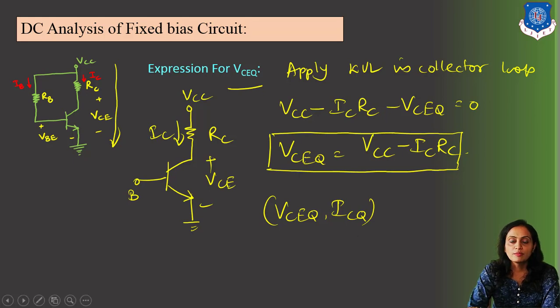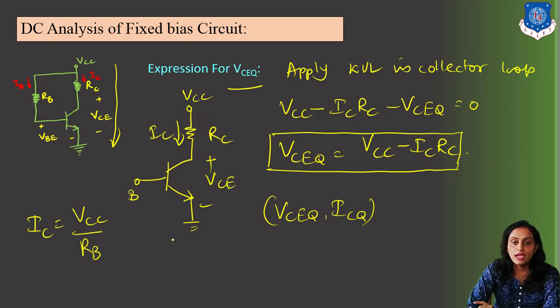This Q point stability we will see now, whether the Q point over here is stable or not, because in the expression of IC we have this VCC divided by RB, but over here we have neglected VBE. And one more thing is, as temperature increases, the reverse saturation current is going to increase, and we know the expression of collector current, that is IC is equal to beta IB plus 1 plus beta ICBO.